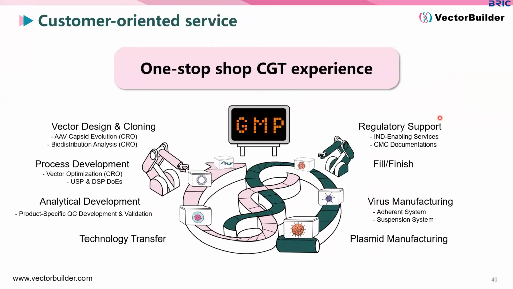For GMP manufacturing, we can do the whole set of, for example, process development, analytical development, manufacturing of plasmid and virus in different systems, aseptic fill finish, and also regulatory support, for example, IND-enabling services, document drafting, and also providing the final CTD documents for the IND application.